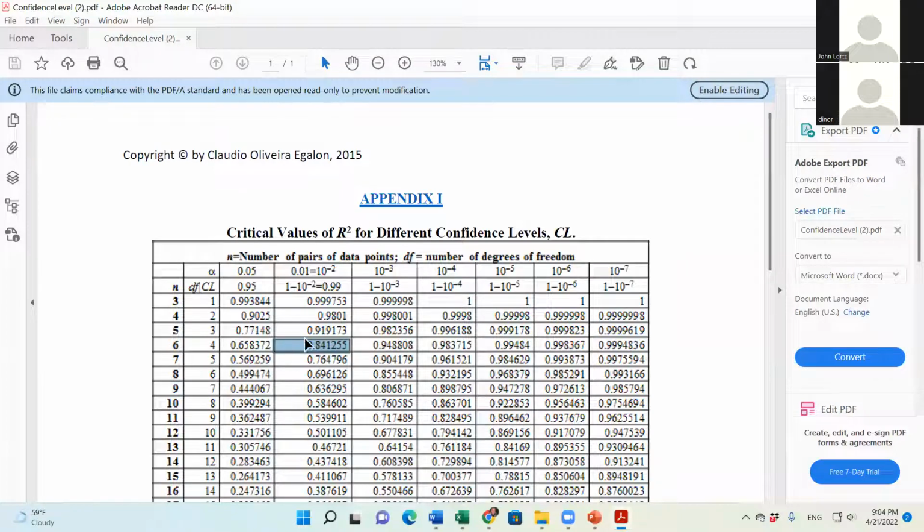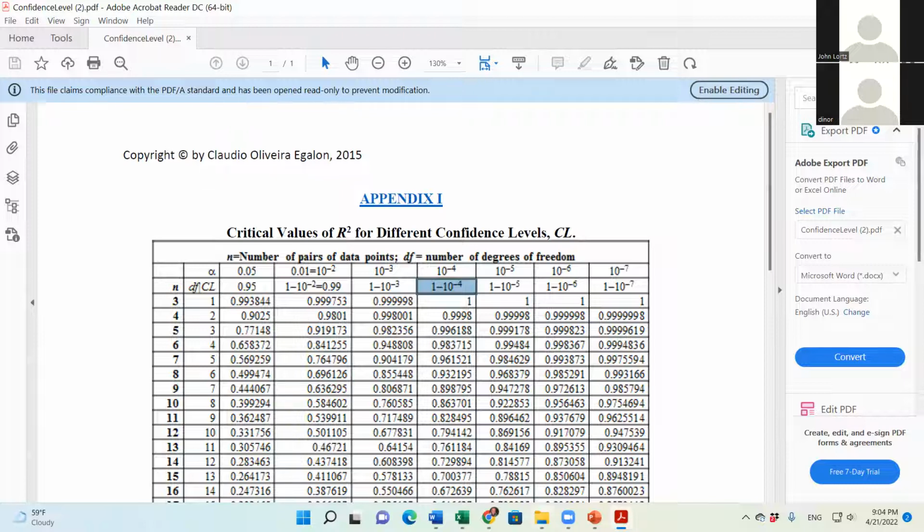But if you got exactly this value, what does it mean? It means that the confidence level is equal to this value here, 99% or 0.99. If you had gotten this R squared here, 0.983715, then the confidence level would end up being this one here.